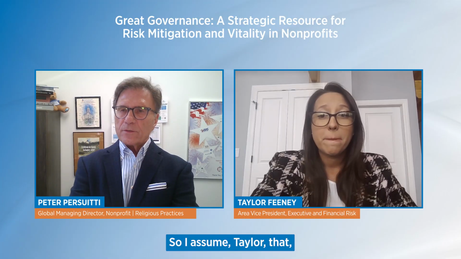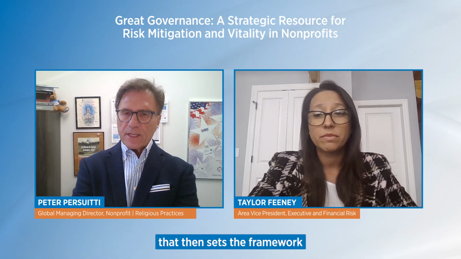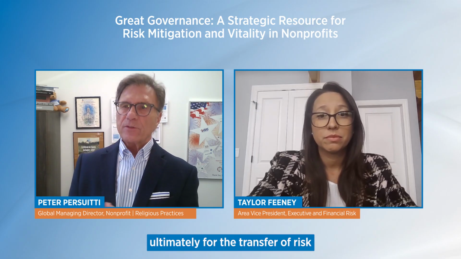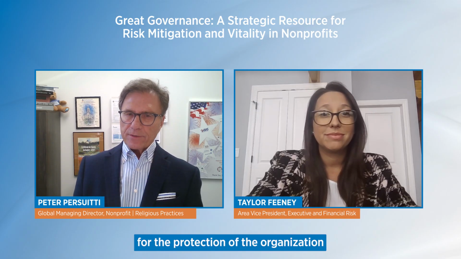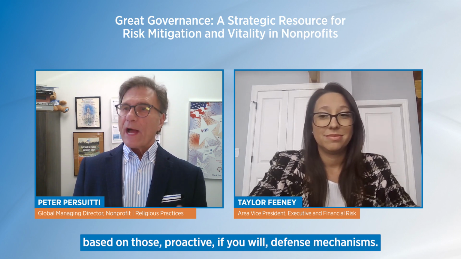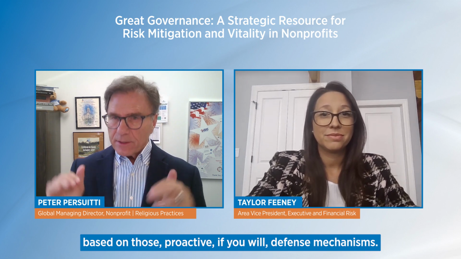So I assume, Taylor, that that then sets the framework ultimately for the transfer of risk, for the protection of the organization based on those proactive, if you will, defense mechanisms.